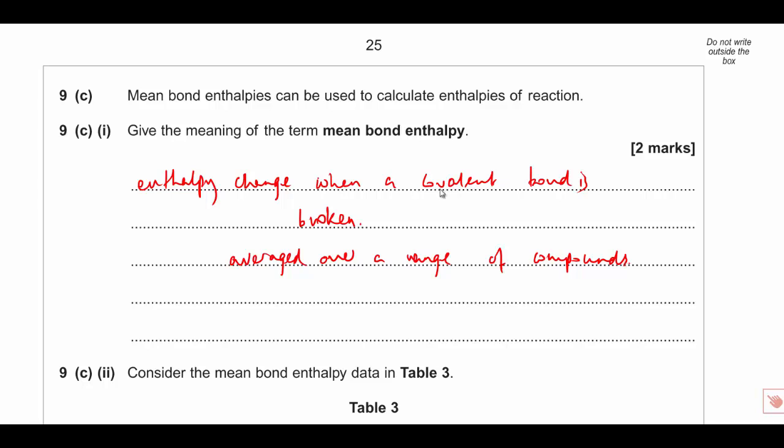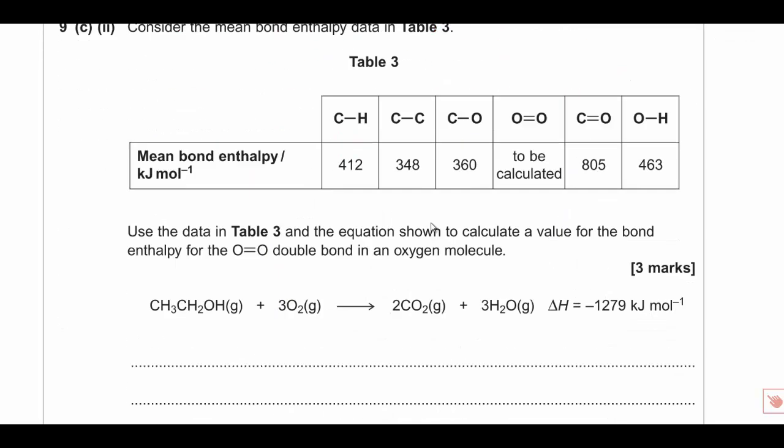I would probably go with enthalpy change when a mole of covalent bonds is broken, but I'll leave that as that. The mark scheme's happy with that. So enthalpy change when a covalent bond is broken, averaged over a range of compounds. I still like the idea of moles being in there, but I'll leave it though.